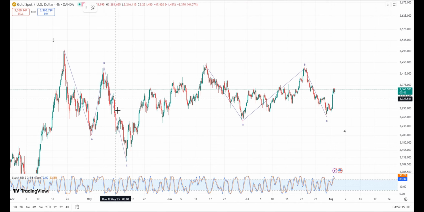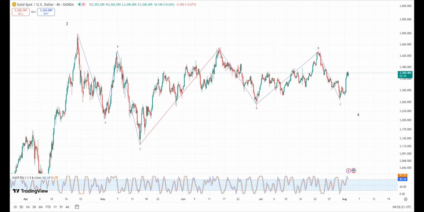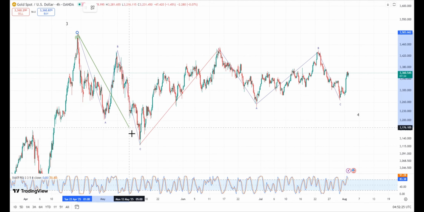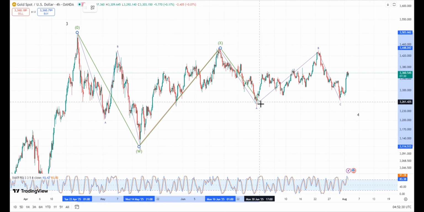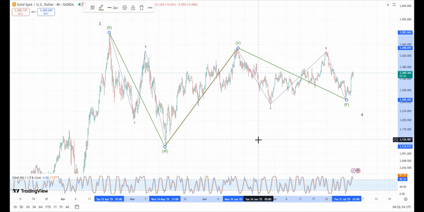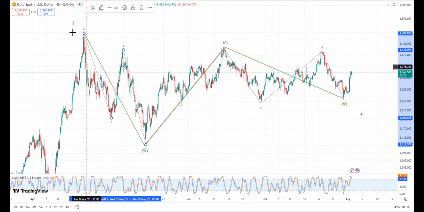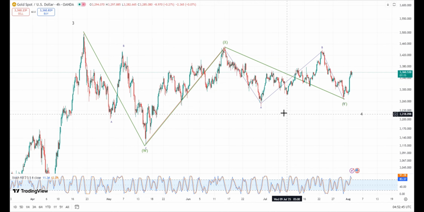Then for me, this is an X. So if we bring it out to be a WXY, this is a WXY, which is a double zigzag pattern. So this is a bullish scenario.